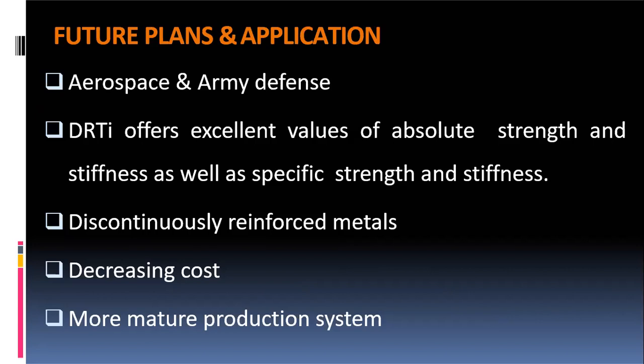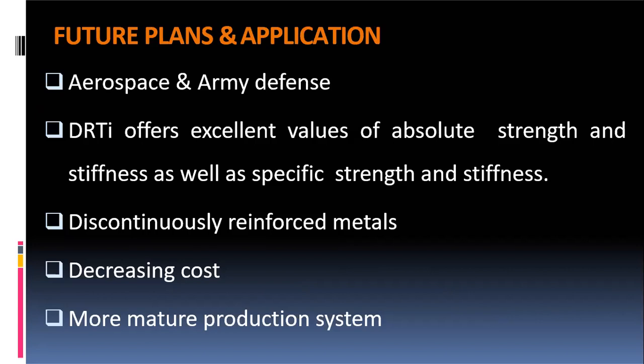Next one is the more mature production system. By producing metal matrix composites, we are going to produce new varieties of products. By obtaining new varieties of products in the nearby future, we are going to produce a more mature production system also.